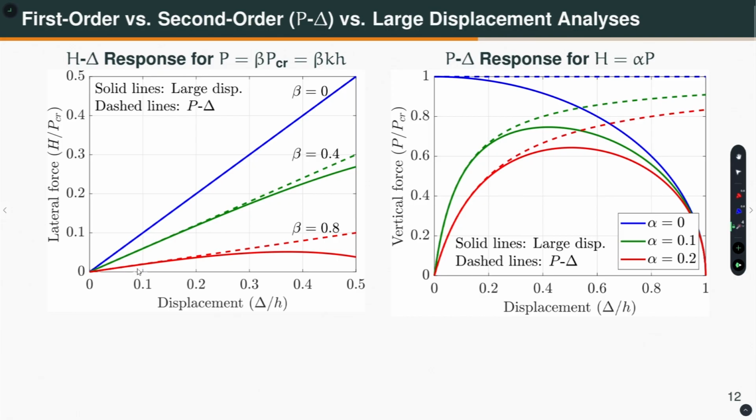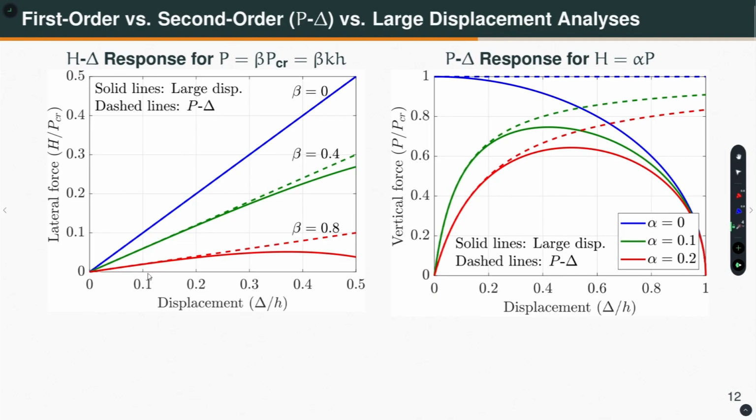For beta equal to 0.8, the departure is like that. This is simplified P delta and this is the large displacement analysis. What is the takeaway from here? What is the horizontal axis? Delta by h, lateral displacement divided by the height. What does it mean? For a building, the lateral displacement of a floor divided by height is nothing but the story drift. Okay.